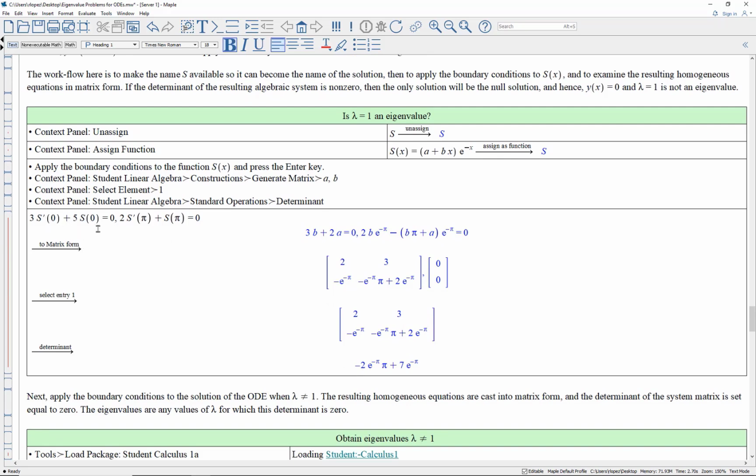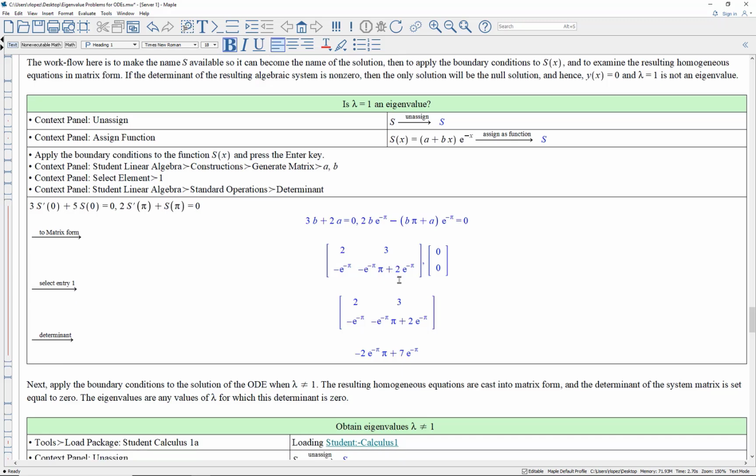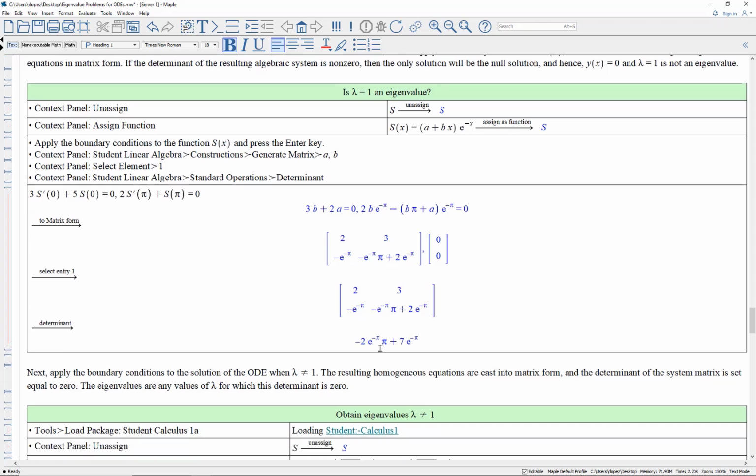S at 0, S prime at 0, S prime at pi, S at pi. I get these two equations, put them in a matrix and vector form, grab the matrix, get its determinant, and you can see e to the minus pi, e to the minus pi with a pi. This is never going to be 0. So lambda equals 1 is not an eigenvalue.